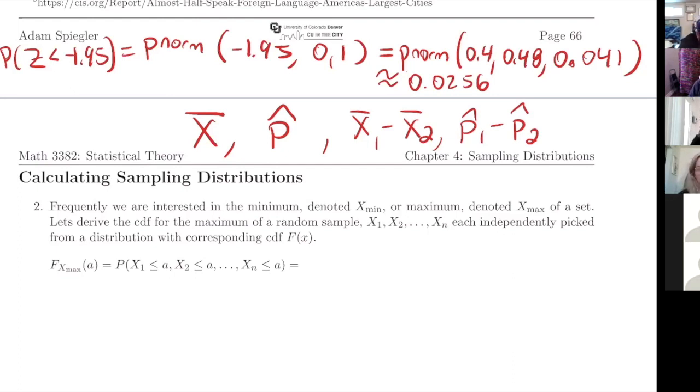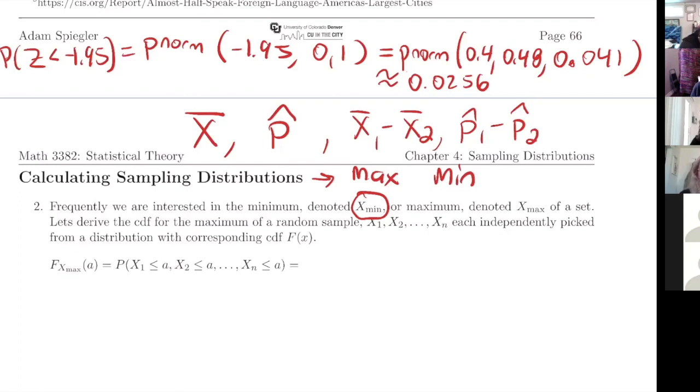Also frequently of interest: what's the minimum value of my data set? What's the maximum value? What's the probability that the smallest value in my data set is going to be less than this? What's the probability that my largest value is going to be more than that? So other interesting sample statistics that we might look at are max and min in addition to mean.